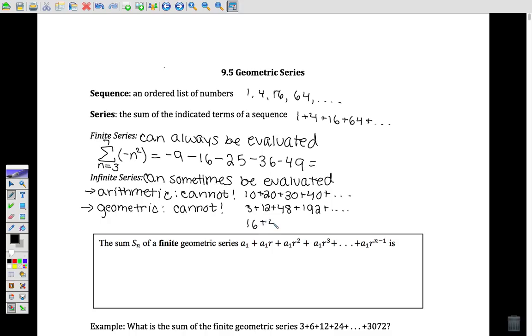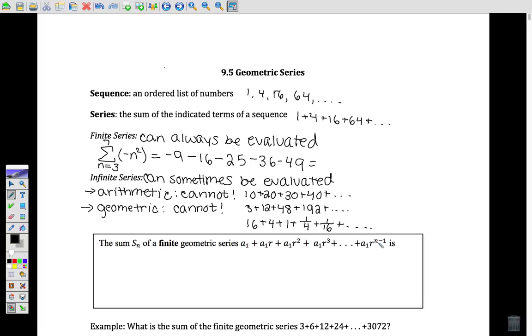But what we can evaluate is if we take the sequence 16 plus 4 plus 1 plus 1/4 plus 1/16 and so on. If we take that series, that actually can be evaluated. The terms are going to start becoming 1/64 next, and the numbers are just going to get really, really small.